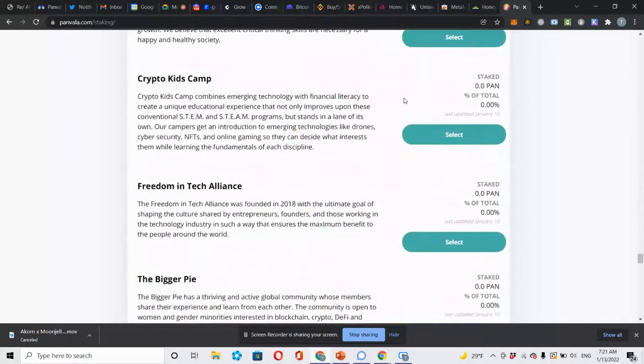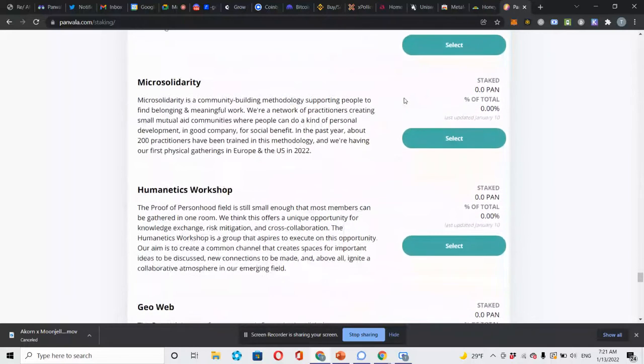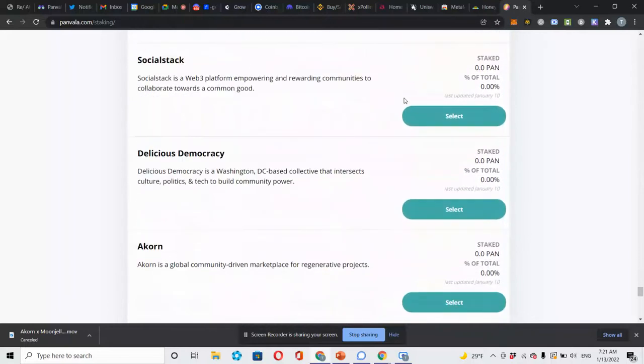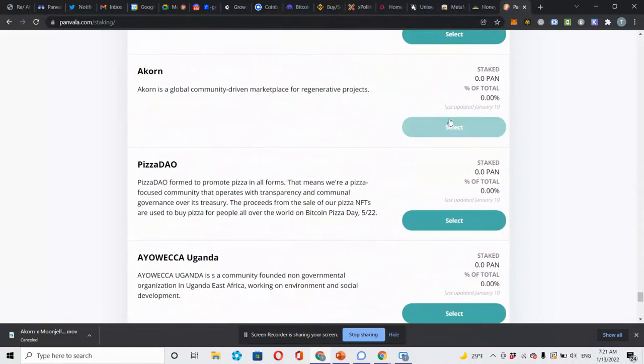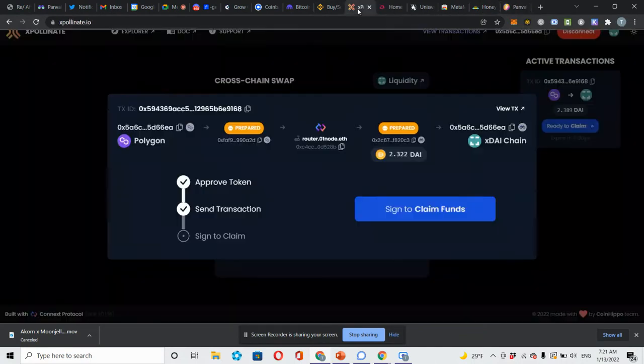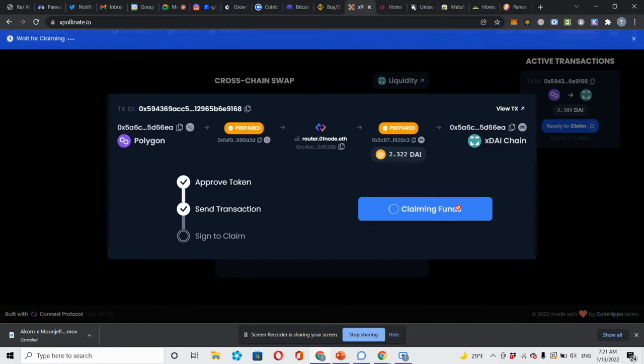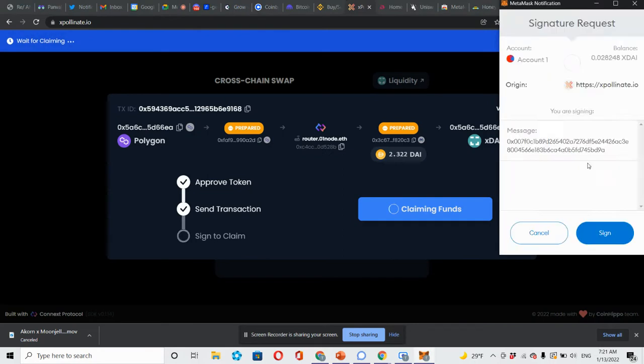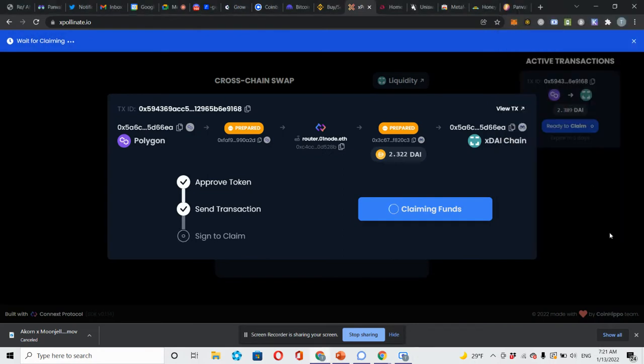There it is. So once we get our Pan here, we'll be staking it here. Make sure we're, yep, okay. So we're going to sign to claim these funds.